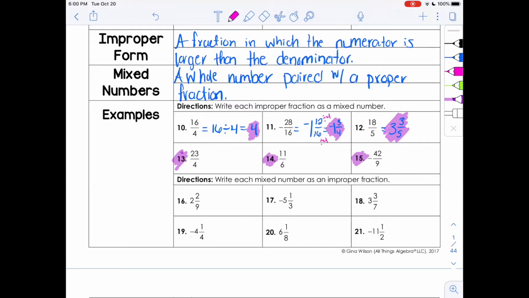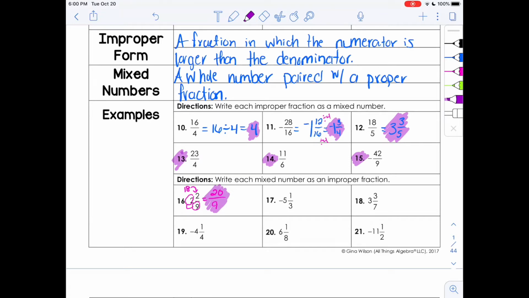So if we're looking at number 16, we're going to multiply our denominator of 9 times our whole number of 2. 9 times 2 is 18, and 18 plus 2 equals 20 over 9. Our denominator stays the same. So 2 2/9 is equivalent to 20 over 9.